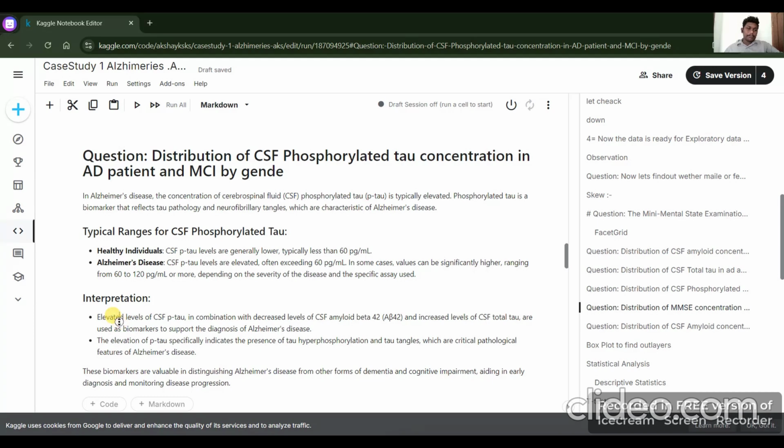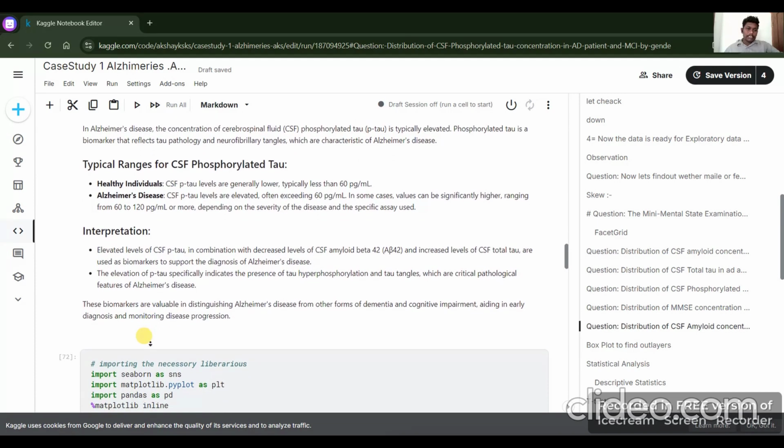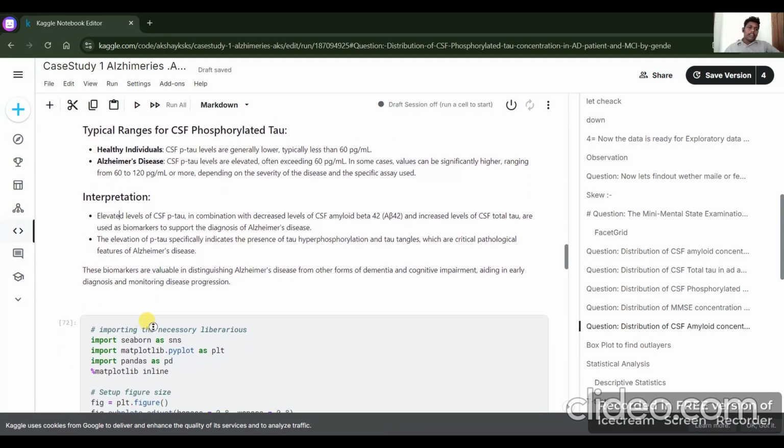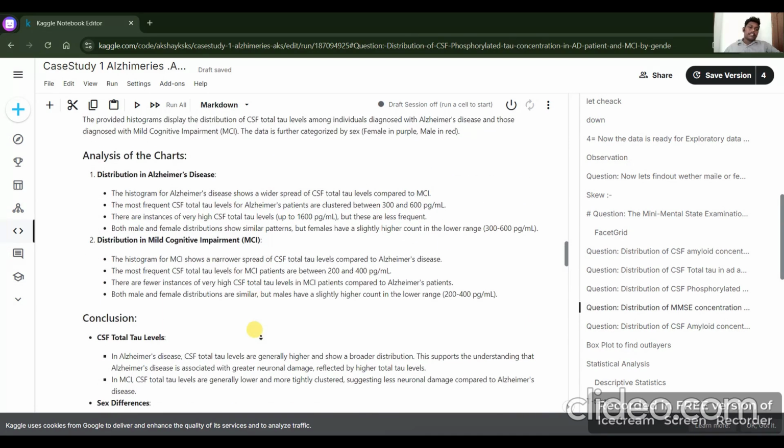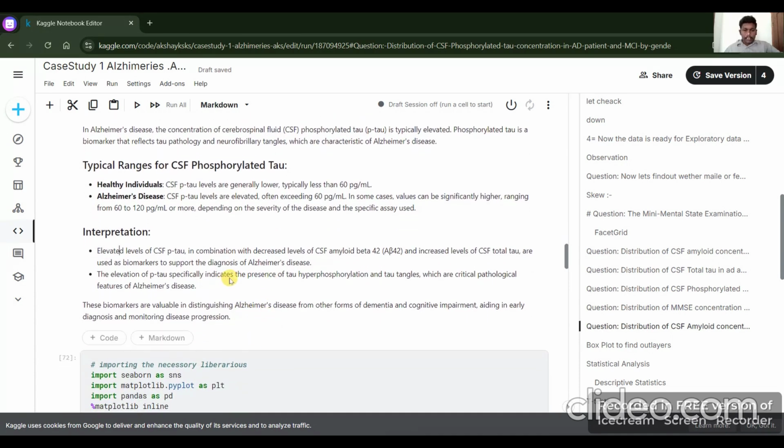Interpretation: elevated levels of CSF phosphorylated TAU, in combination with decreased levels of CSF amyloid beta 42 and increased levels of CSF total TAU, are used as biomarkers to support the diagnosis of Alzheimer's disease.